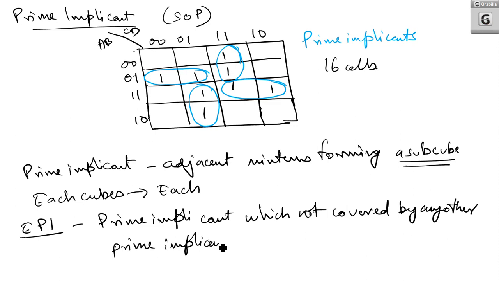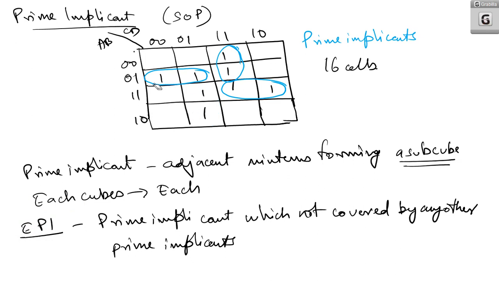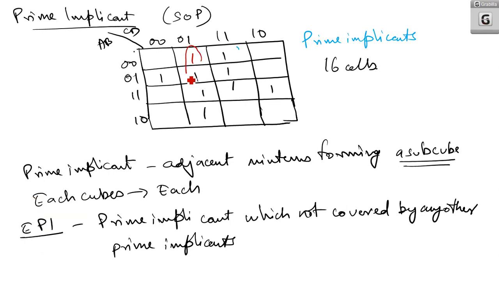Okay. So to know what is an essential prime implicant, let me rub these ideas. Okay, so I am taking a one here also. Here, how many prime implicants are there? So you can take this as a prime implicant.